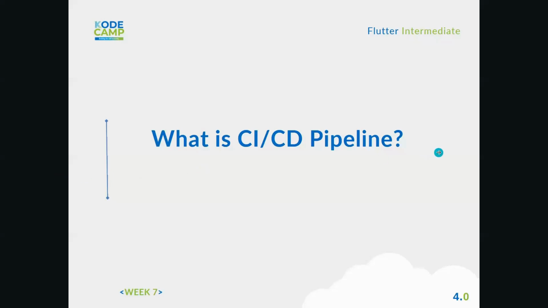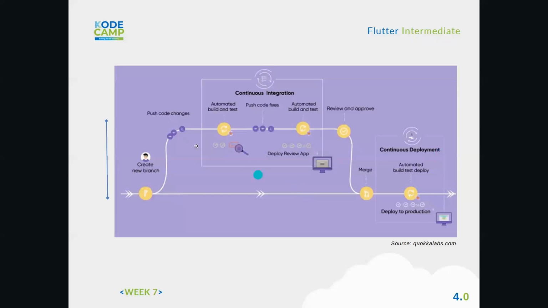Now, this is just an image that kind of gives us that. I got this from Cookable Labs. So, for example, you create a new branch, and you do what you need to do. You push code changes. Now we go into the continuous integration part, where there's an automated build and test.